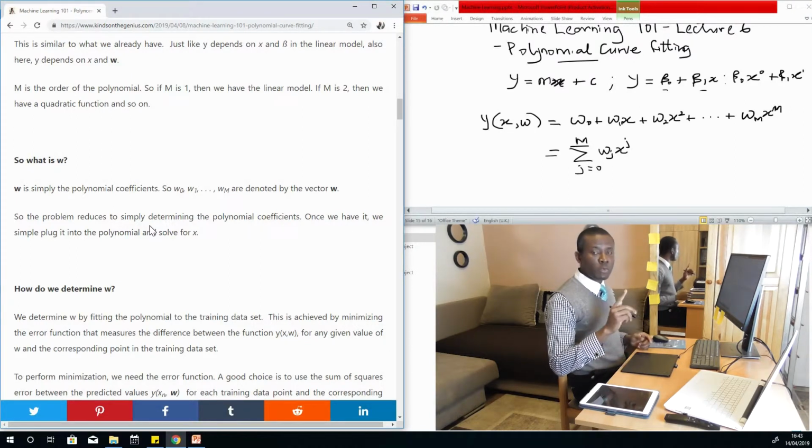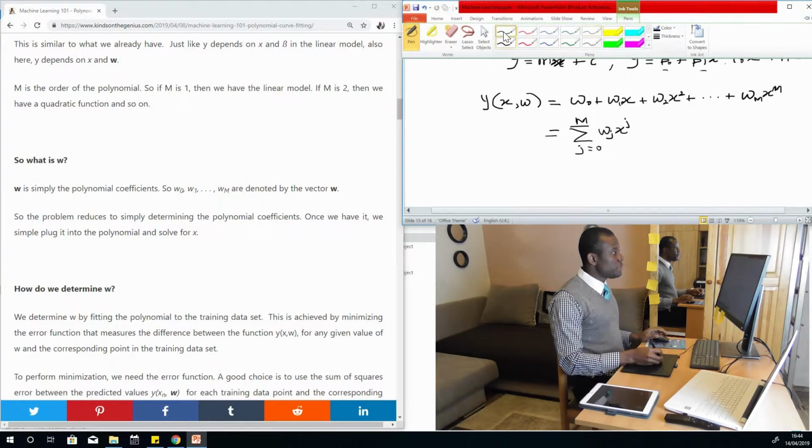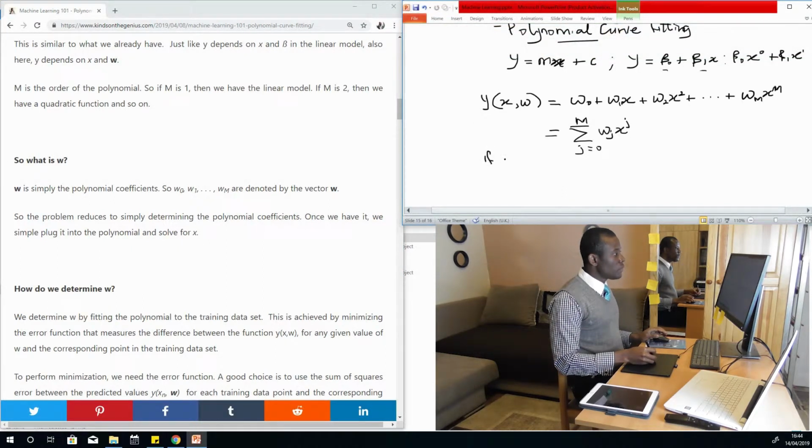If we choose m to be 1, it becomes linear. So think of when m is 1, let me just write it. If m is equal to 1, we have y of x and w equal to w0 plus w1 x to the power of 1, because we are saying m is 1, right?